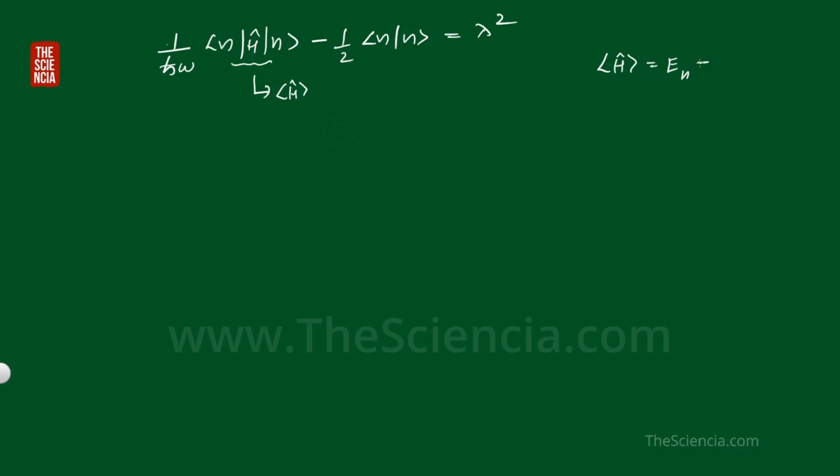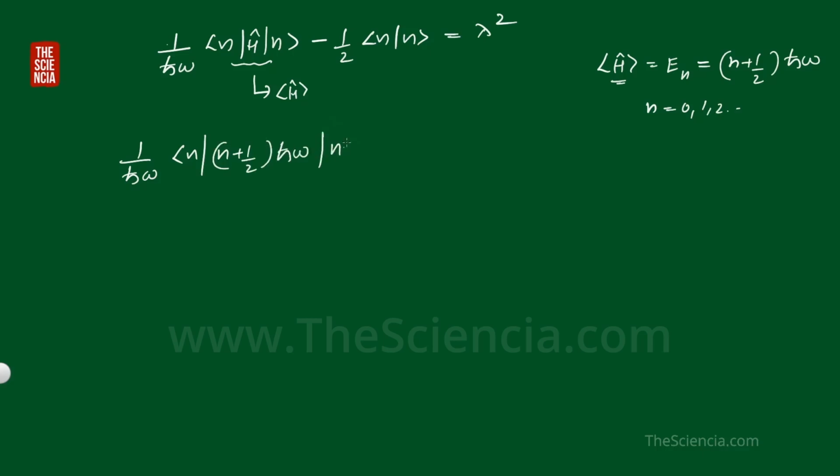And we know the energy of the 1D LHO is (n + 1/2) ħω, and n can have values 0, 1, 2, etc. So we can substitute this value of the Hamiltonian here, that is 1/ħω, bra n, H ket n gives (n + 1/2) ħω, minus 1/2. This is equal to 1, equal to lambda square.